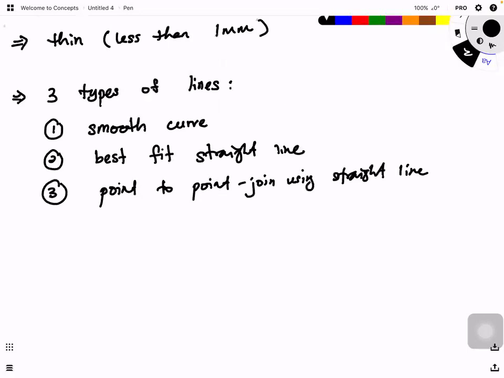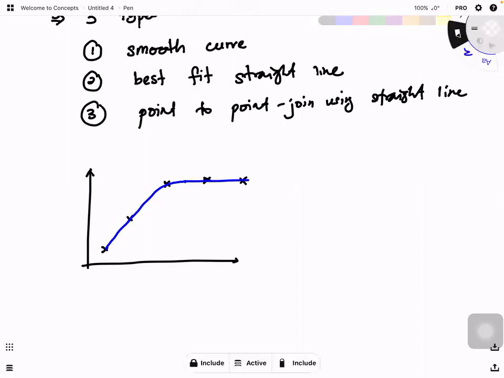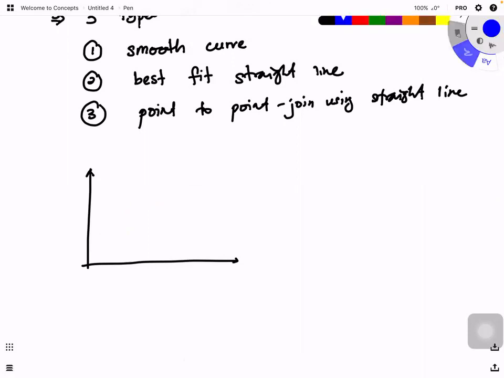Now, first, smooth curve: only use it when you know where the turning point is. For example, let's say I have 1 point, 2 points, 3 points, up to 6 points.